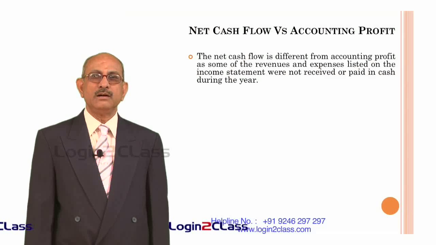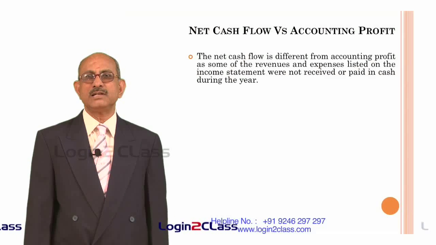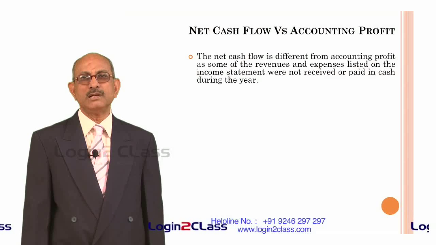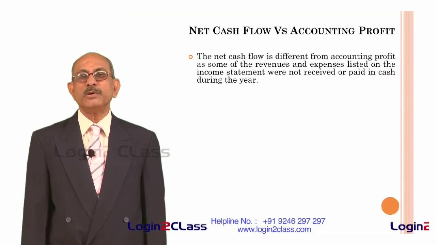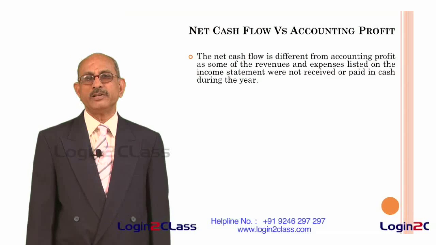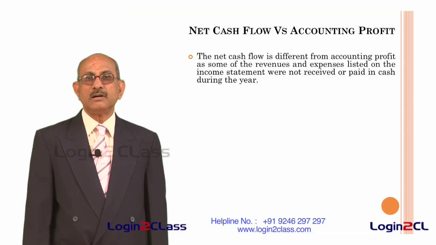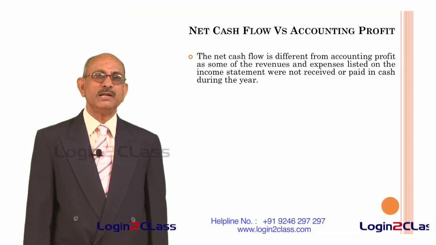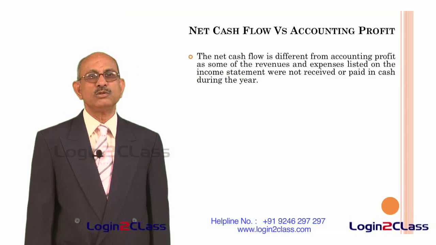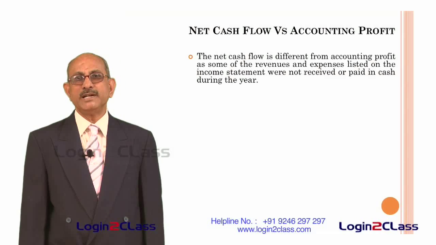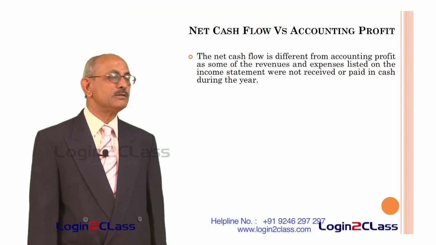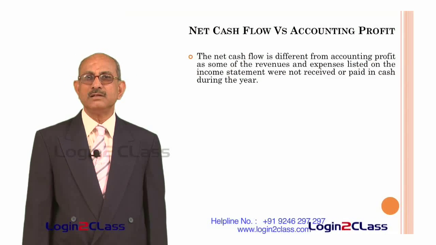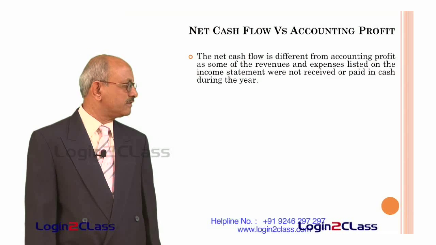So normally all sales made on credit will not result in any cash inflow but will be taken as income. Similarly, there could be cash outgo in the form of expenditure, but all expenses need not result in cash outflow. For example, expenditure incurred but not actually paid is also taken as expenditure in the profit and loss account, whereas there is actually no outgo of cash.